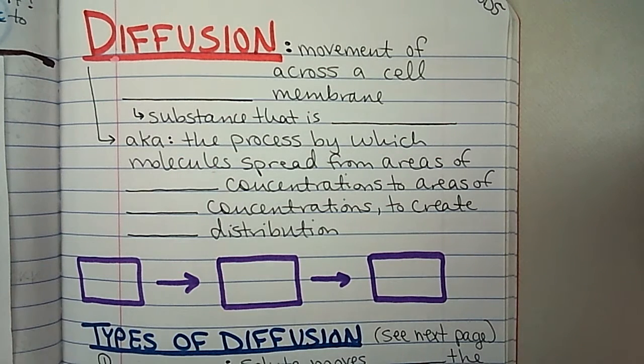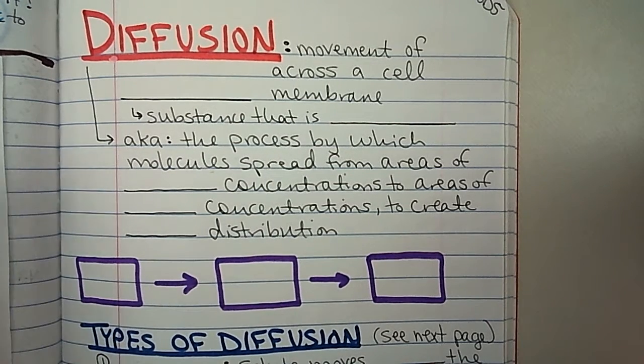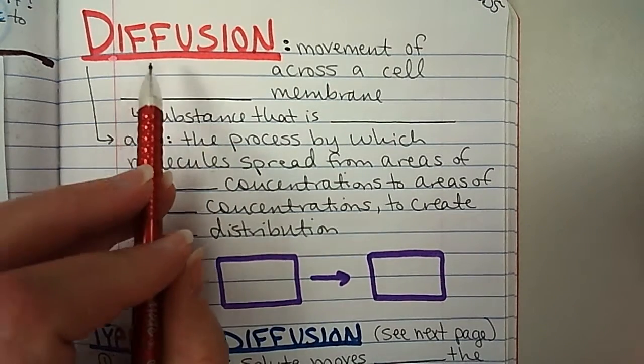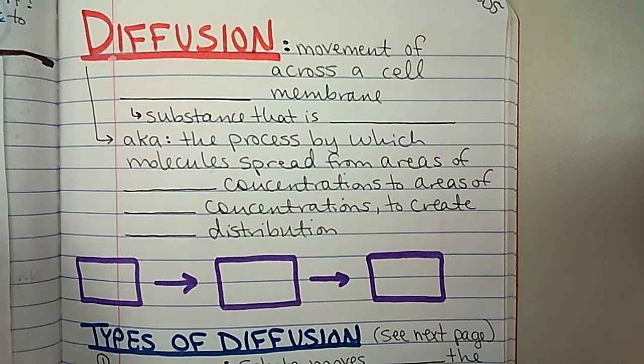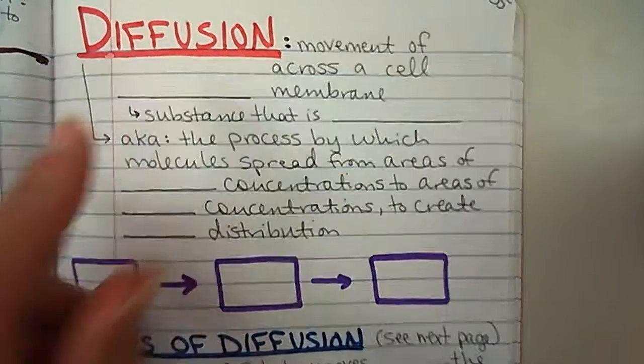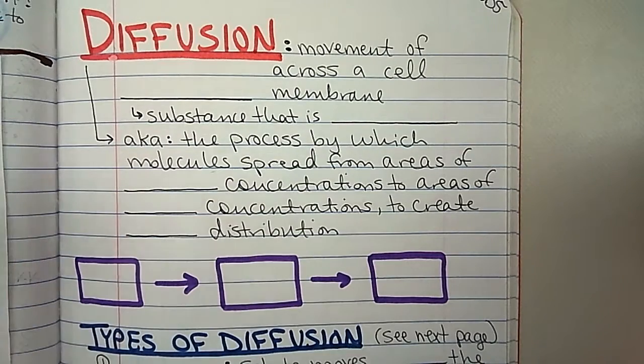All right, so we've talked about osmosis, and how osmosis is the diffusion of water across a membrane. Well, generally when we use the word diffusion, we're talking about the movement of a solute across a membrane.